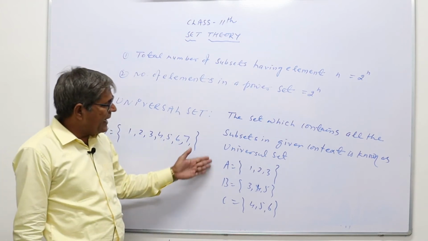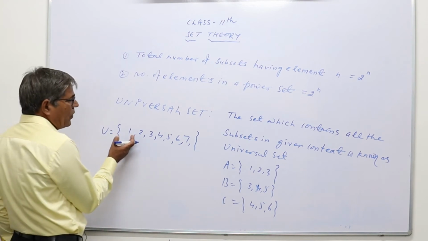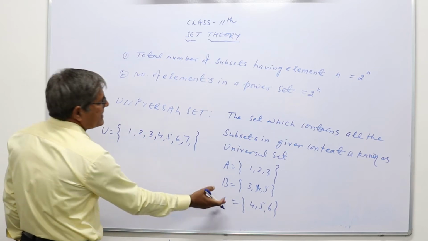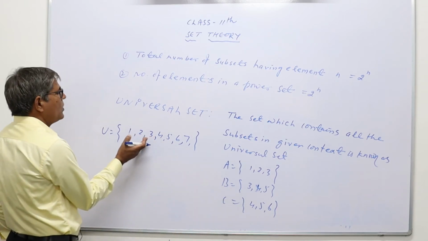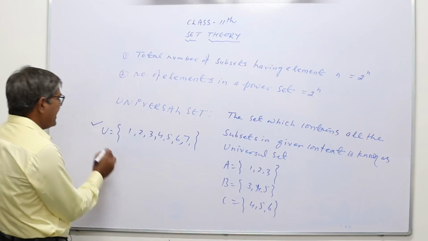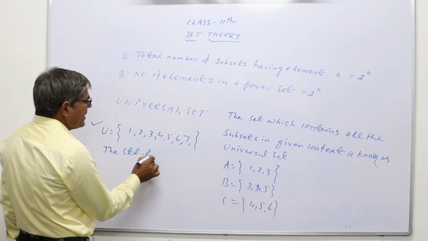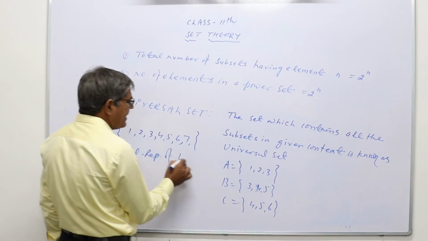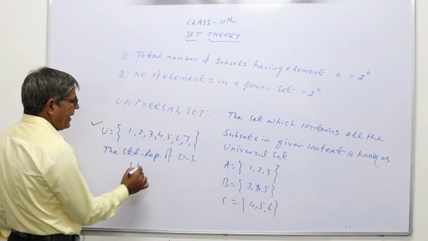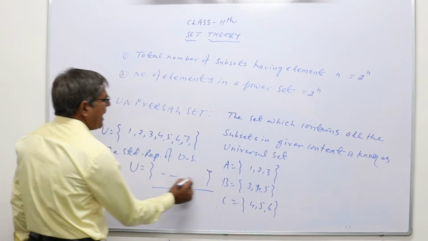For the sets A, B, C, if we observe, set A is contained in U, set B is contained in U, and set C is also contained in U. So in this case, this set is known as the universal set, and the standard representation of the universal set is U, with whatever elements it contains written inside curly brackets.